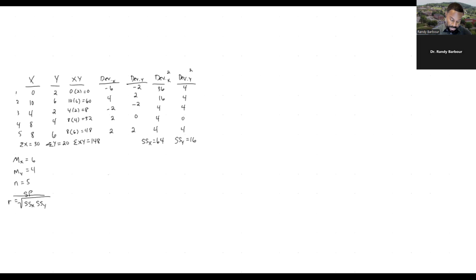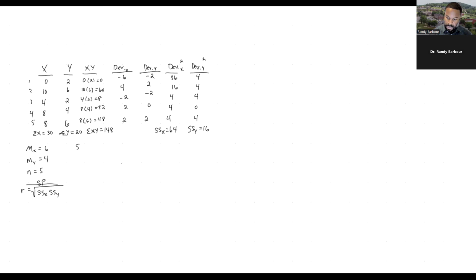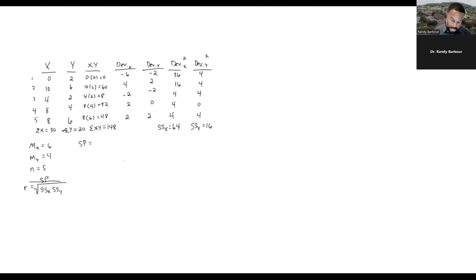All right. So now we have everything that we need, listed here. In order to get my SP, I first need to calculate everything here. So that's going to be 148, minus the sum of X times the sum of Y over n.